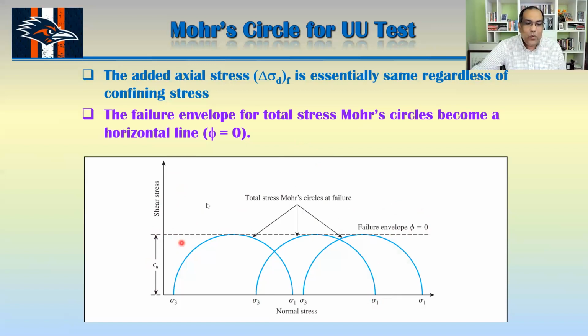Okay, so what would be your Cu, the shear strength of that soil? That would be from here to here, right? Now you can see here that phi equal to 0, so your tau is equal to C, because phi is 0, so tan phi equals 0, so sigma tan phi equals 0. So your tau is equal to C. In that situation, your shear strength is a fixed number.